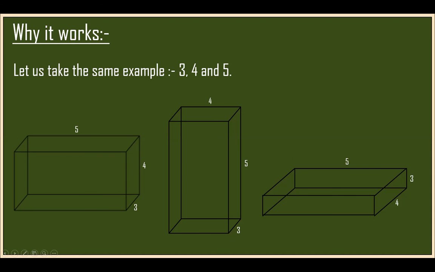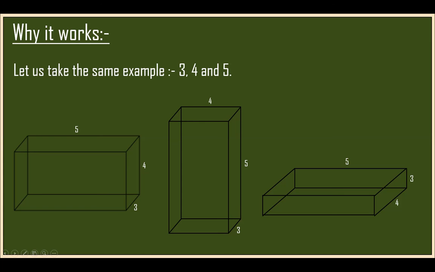But why does it work? We can see this using cuboids. If you don't know what a cuboid is, it's just a three-dimensional rectangle. For this, you'll need to know something about volume. Volume is nothing but the breadth of the cuboid times the length times the height.